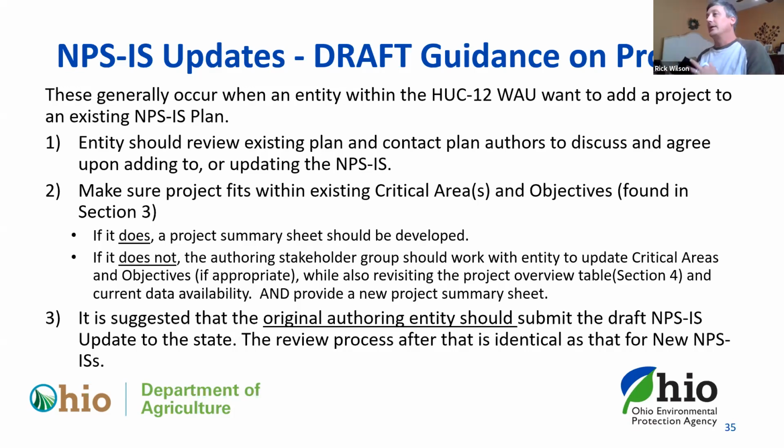The author would say, all we're doing here is we've added a sheet as page 42, and we updated the overview table and changed the date. But if it does not, then that stakeholder group should work together to update the critical areas or objectives if they agree that this is even an appropriate project to solve the water quality issues. And you provide the new summary sheet.